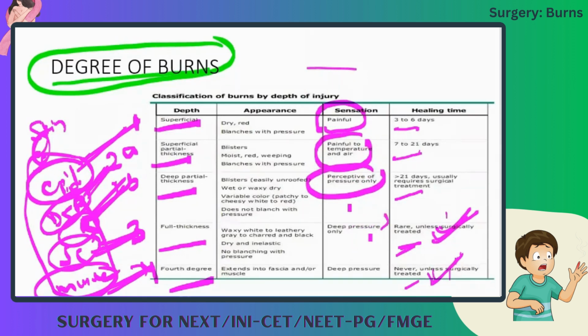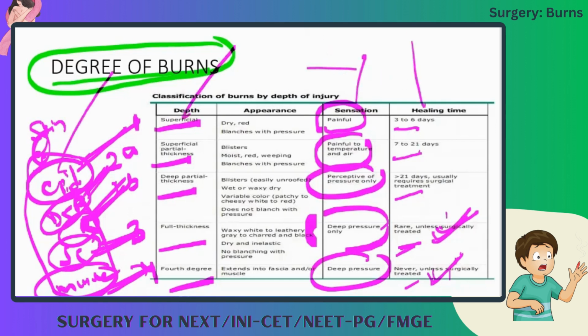Once you go even deeper, there will be only deep pressure. There will not be any pain, and the patient cannot experience any temperature differences. Only once you press deeply can the patient experience a slight pressure. So these three are important: the depth, which layer of dermis is involved, what the sensation is, and what the healing time is.